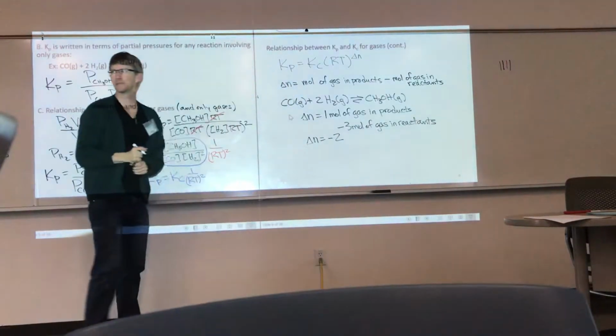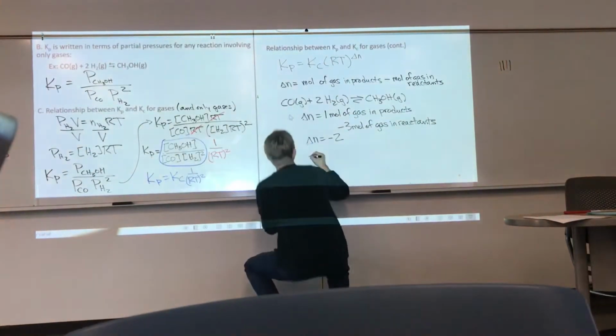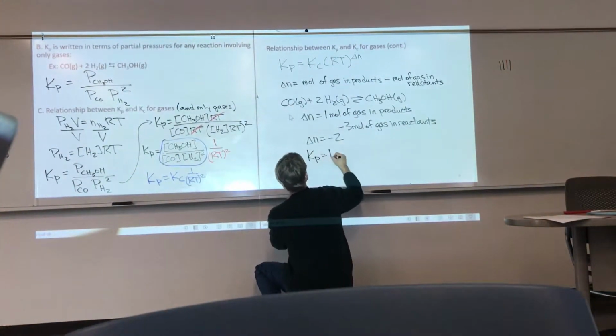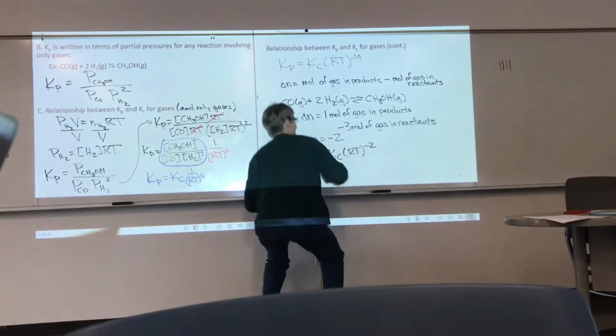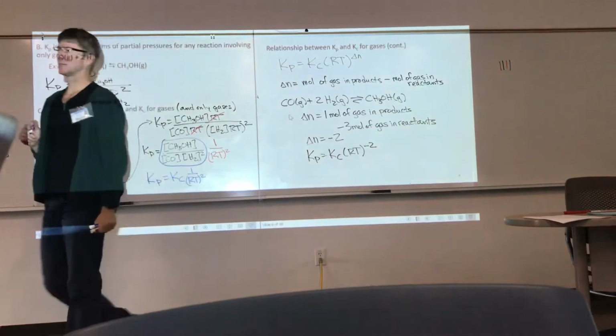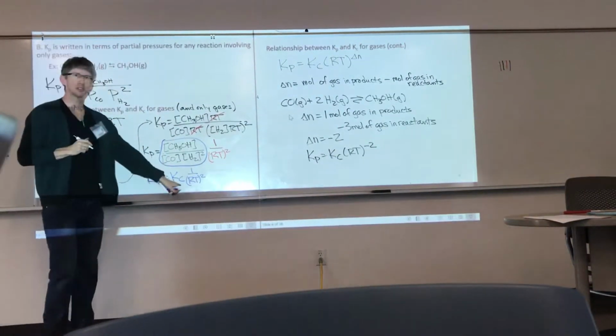Delta n equals minus 2. And so for this particular reaction, Kp equals Kc times the quantity RT raised to the power minus 2, which is just this expression.